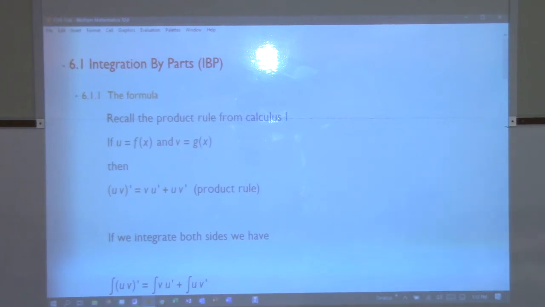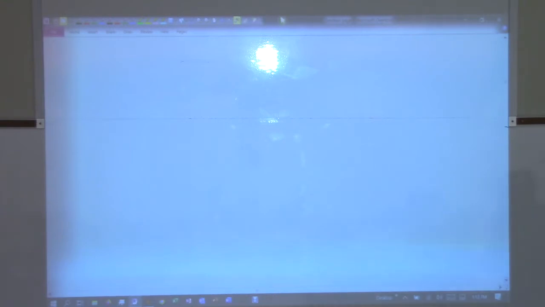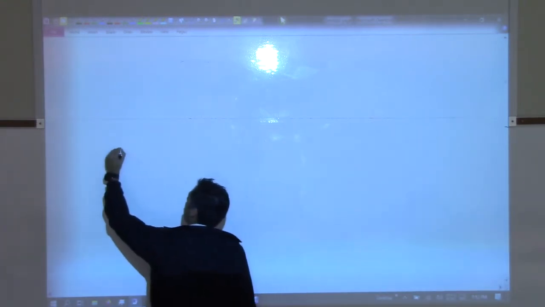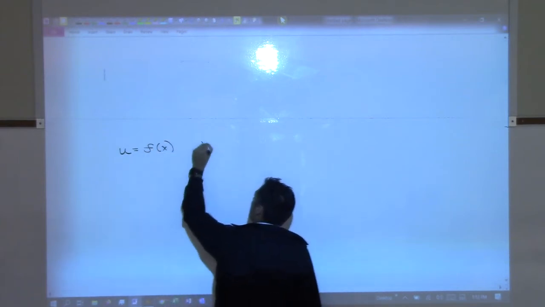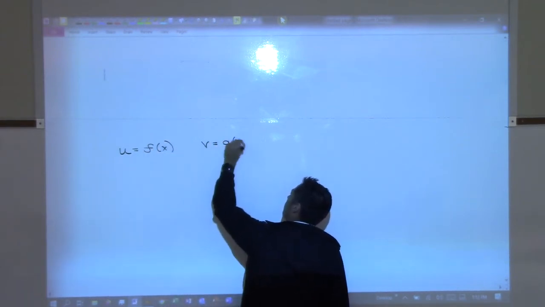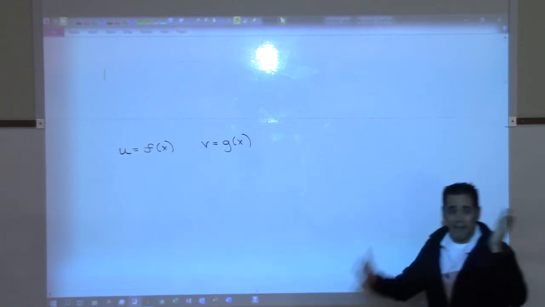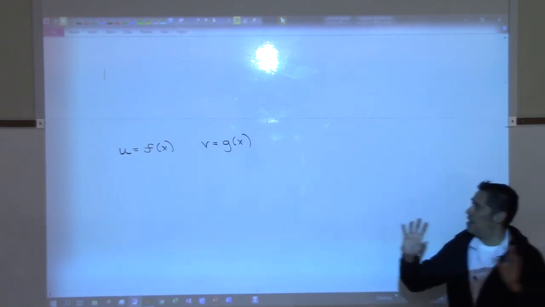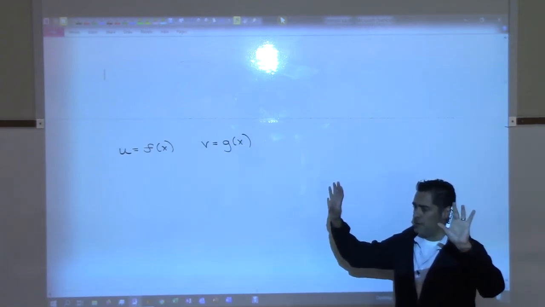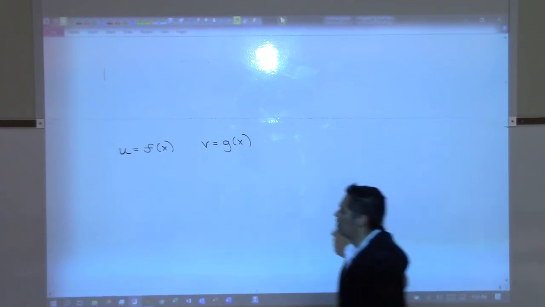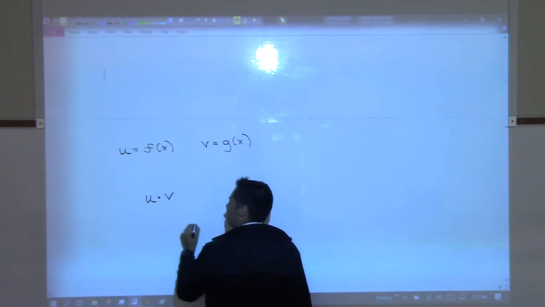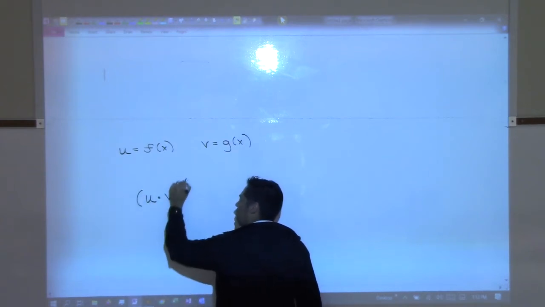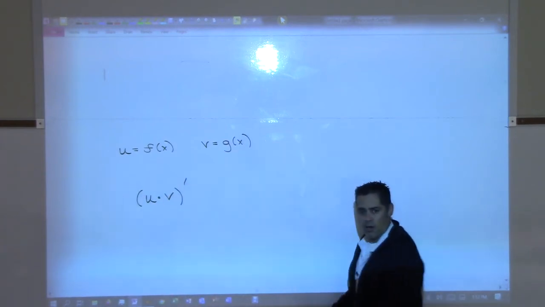So I actually like to write this out. So if we say that u is a function of x and v is some other function of x, right? So we have two different functions, f and g. Very important that you understand these are two different functions. Then we know from Cal 1 that if you look at the product of those two functions and take their derivative, you have to use the product rule.